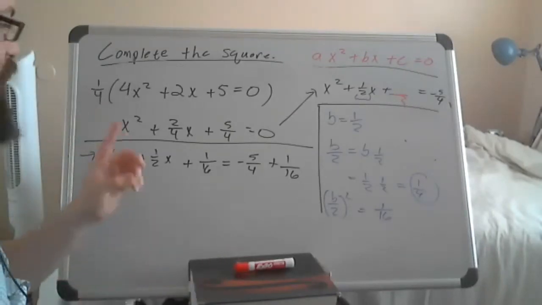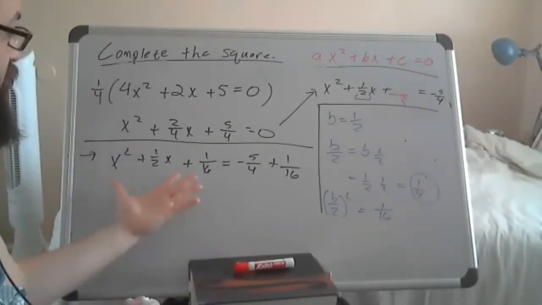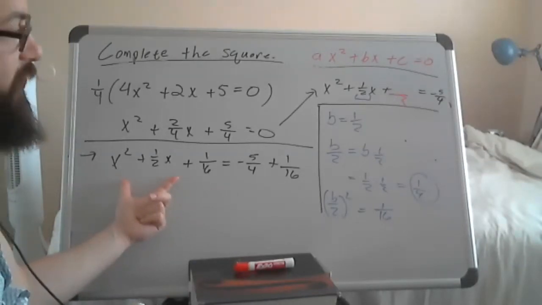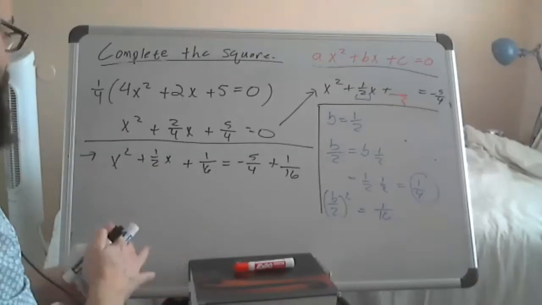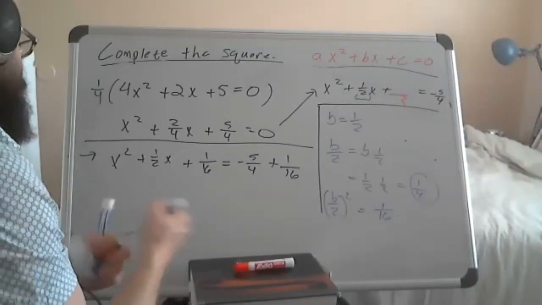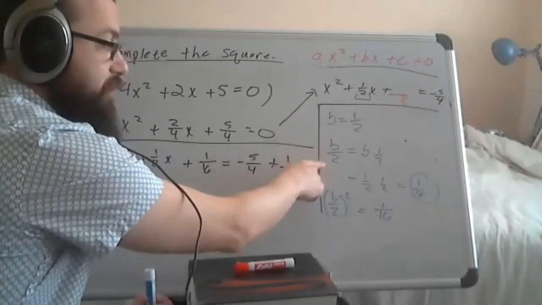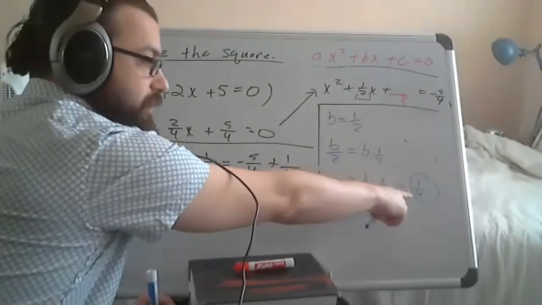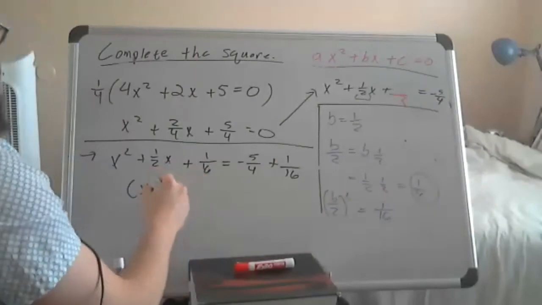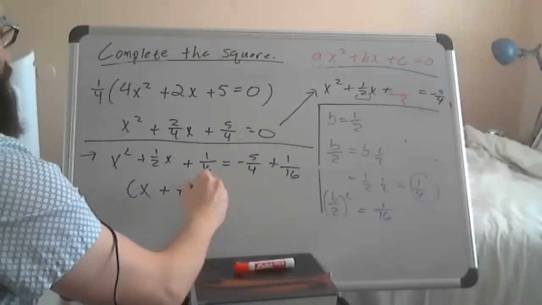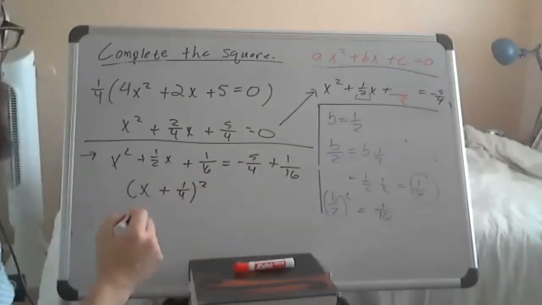But in this case, looking at this, you might not immediately see how this factors. In fact, it might be kind of rough dealing with all those fractions, but here's our b divided by 2, which is 1/4, a positive 1/4, so this factors on the left side to x plus 1/4 squared.